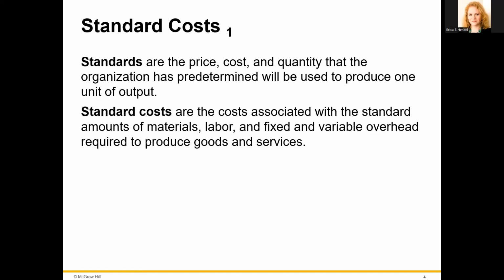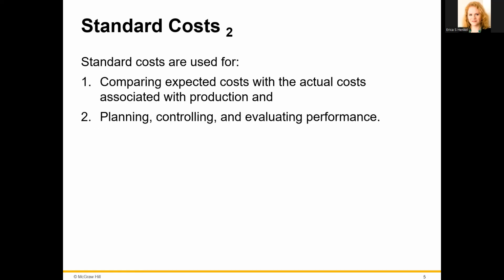It's going to be the most likely cost that we will pay that we have achieved in the past. And you'll typically have a standard cost for materials, labor, and both fixed and variable overhead when you're producing your goods. So you use that standard cost as your basis to compare, like, hey, did I meet my goals? And also for creating your budgets. So you can plan financially and then figure out if you're meeting those goals.